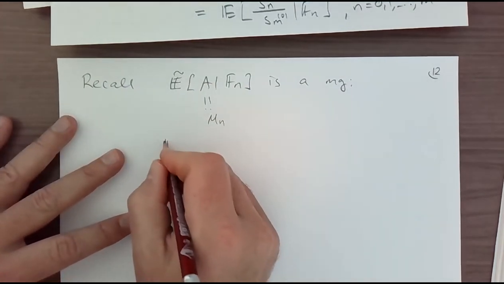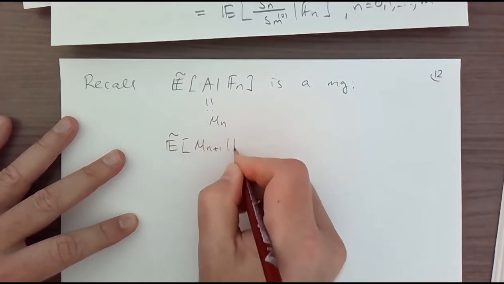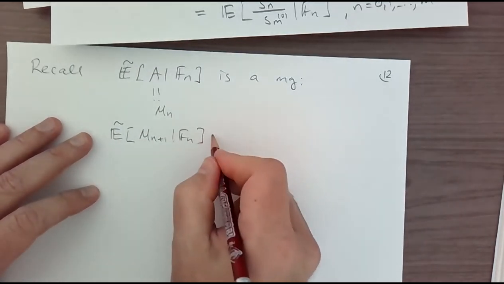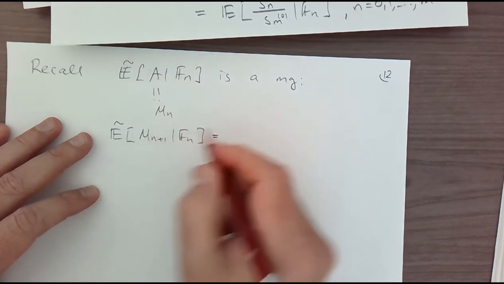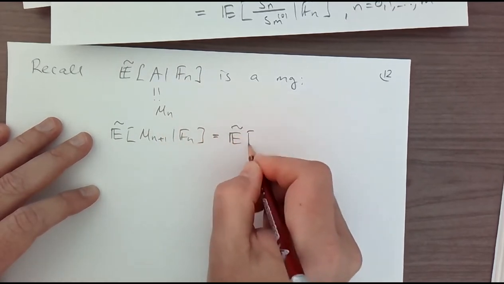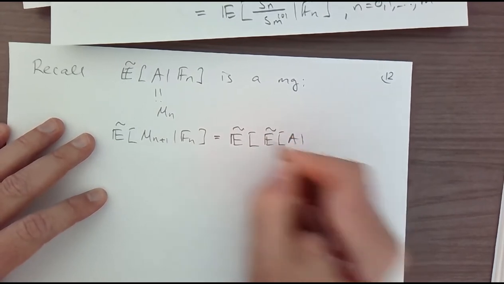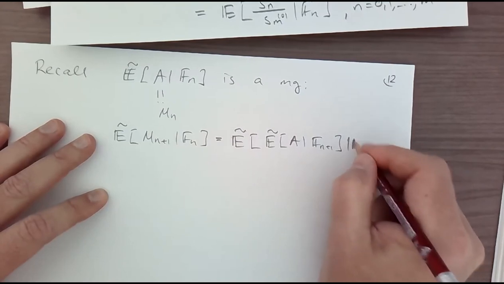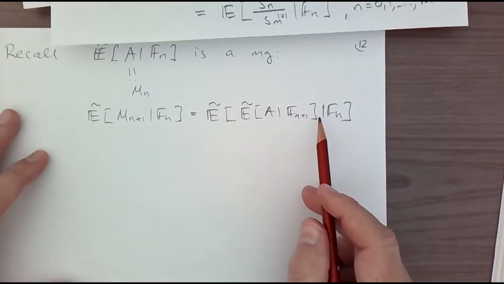We've done this a few times, but let me do it again. If I take Mn plus 1 given Fn, I take the definition of Mn plus 1 and plug it into this conditional expectation. You're going to get E tilde of A given Fn plus 1, and then given Fn. So we have Fn and Fn plus 1 next to each other.